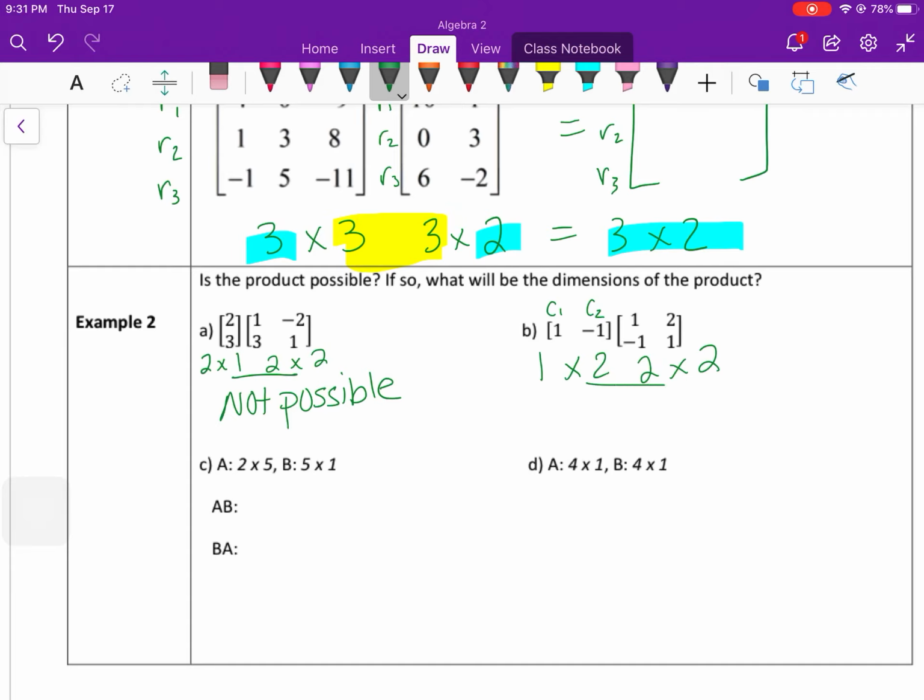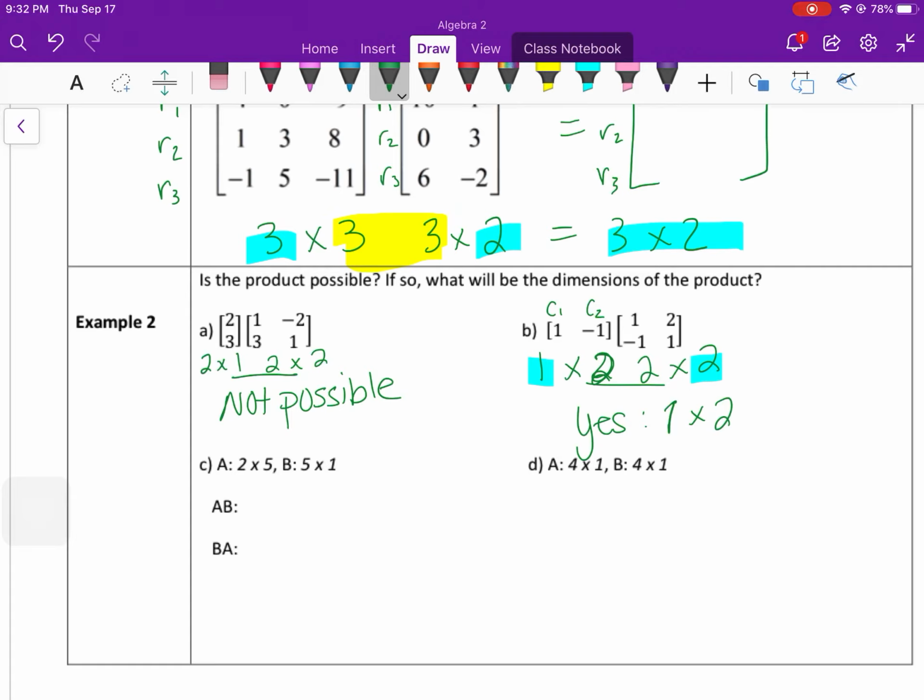And this one is possible because the middle dimensions are the same. So yes, it is possible, and the product would have dimensions of 1 by 2, the outside dimensions.